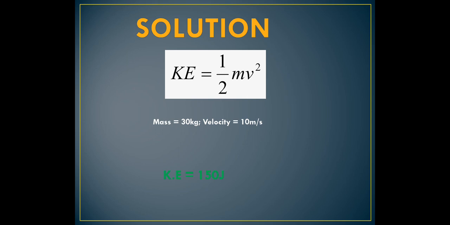The mass is 30 kg, while the velocity is 10 meters per second. Now KE equals half times 30 times 10, and that will give us 150 joules. Very simple, as you can see.